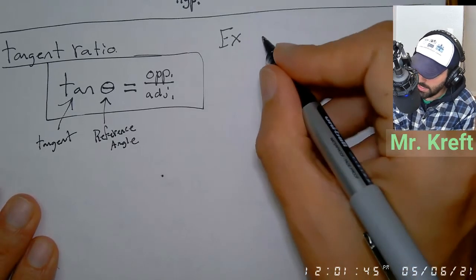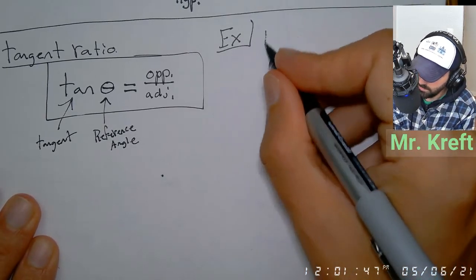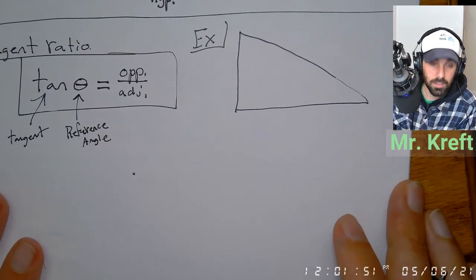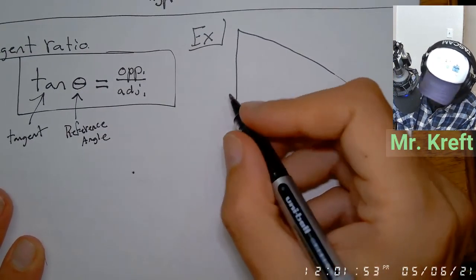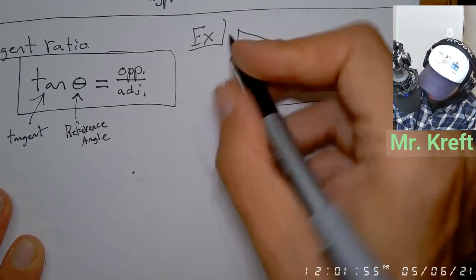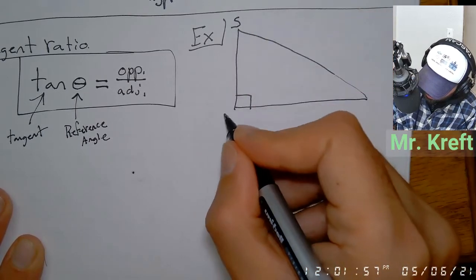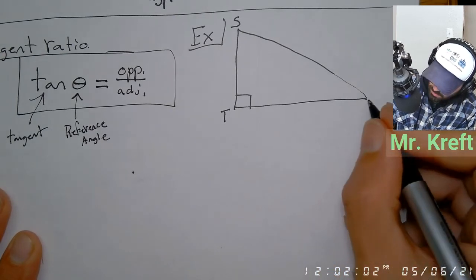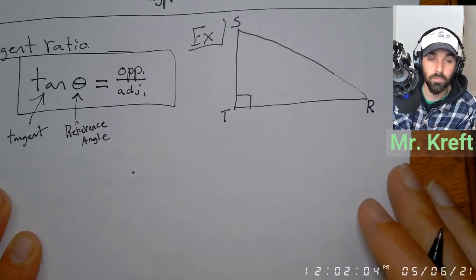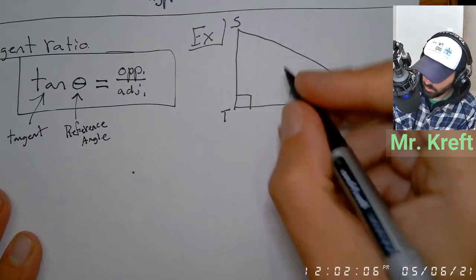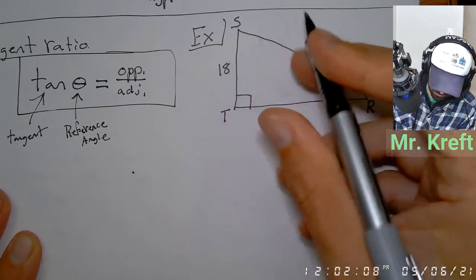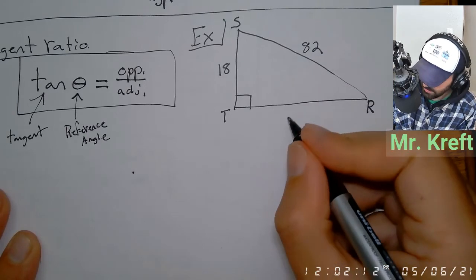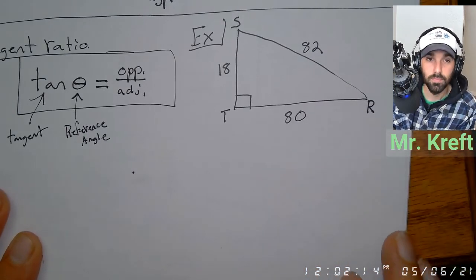Let's say we have a triangle, and we're going to label this triangle. We're going to call it S, T, and R. And we're going to label the sides 18, 82, and 80.